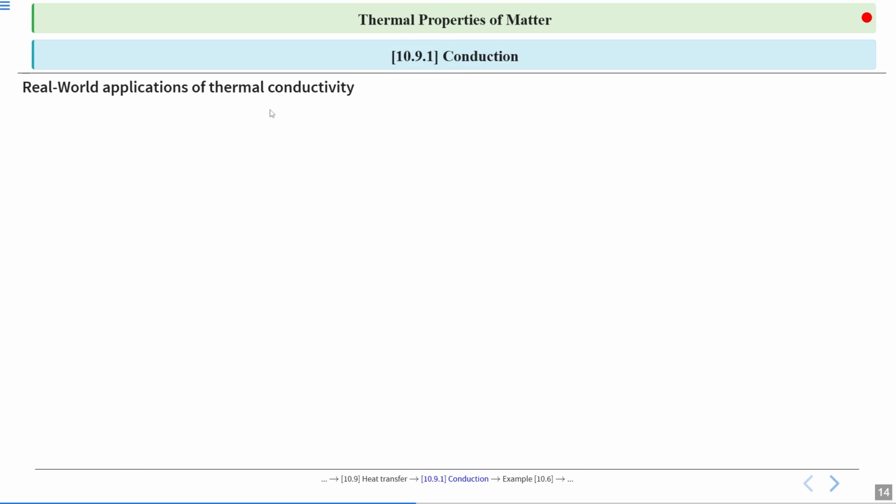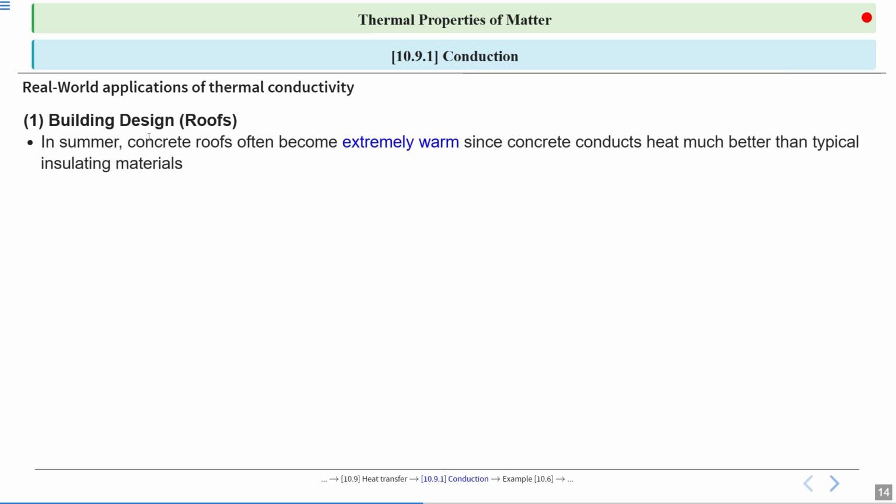Real world applications of thermal conductivity. First, building design. In summer, concrete roofs often become extremely warm since concrete conducts heat much better than typical insulating materials.